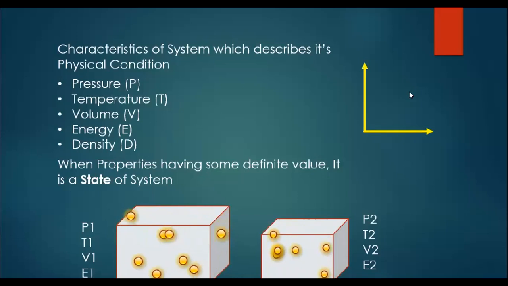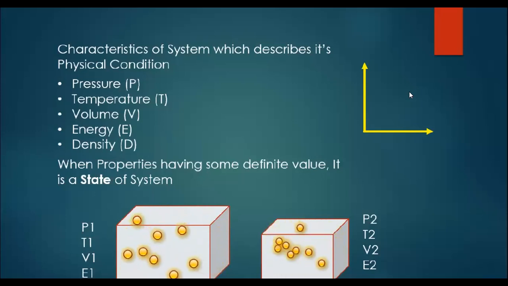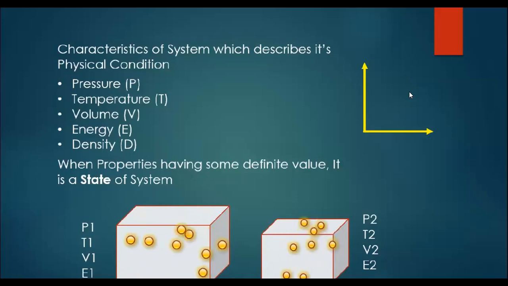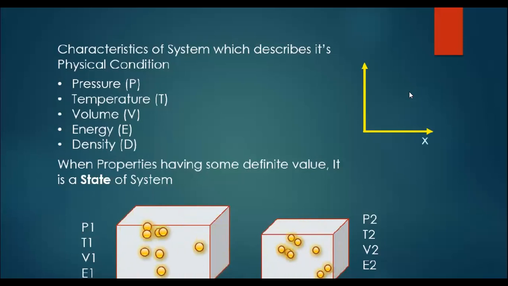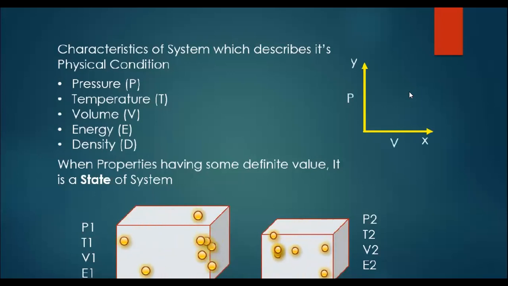now we can represent the state of a system in graph by using properties. Now I am going to draw the one of the properties graph, that is on x-axis and y-axis will be the, on x-axis we will be writing volume and on y-axis we will be writing pressure. This graph is called PV diagram.